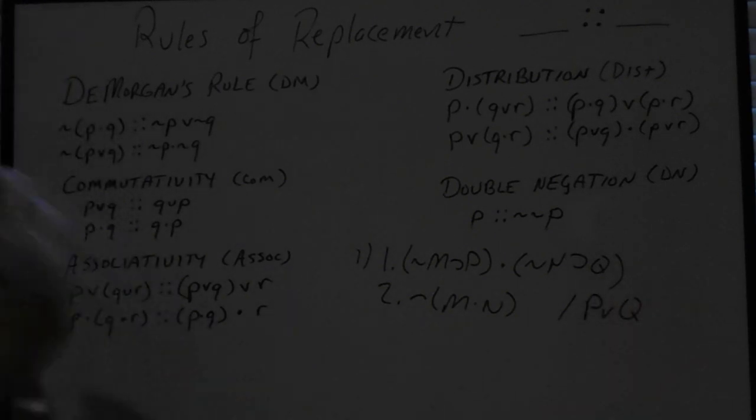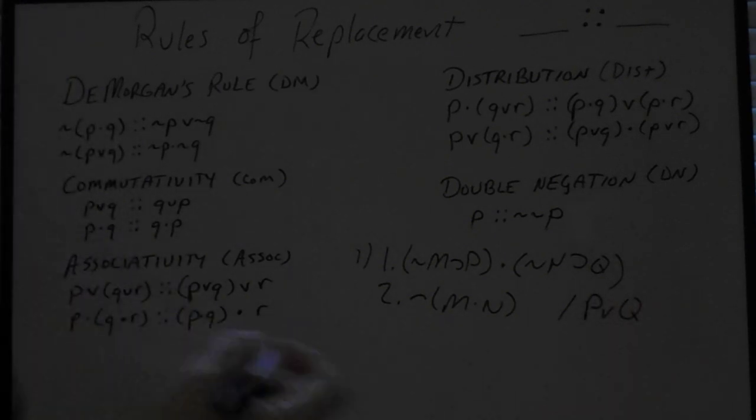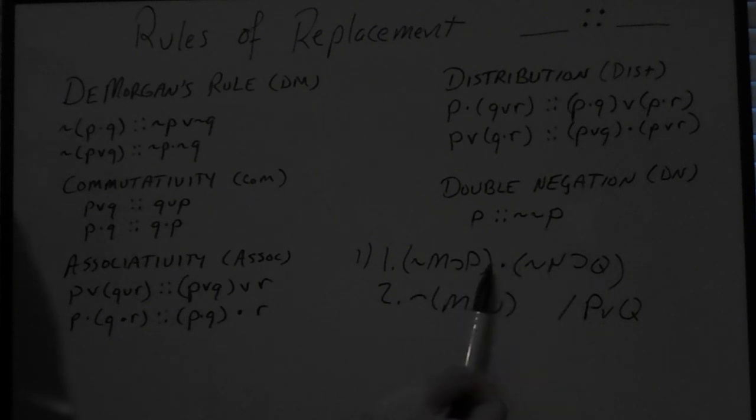Okay. So looking at this one, what I notice is that here there are two conditional statements joined by a dot. And the conclusion I want to reach is the two consequents joined by a wedge. Well, that looks like a good setup for a constructive dilemma. The problem is that for a constructive dilemma, I need the not M or not N, right? The two antecedents joined by the wedge. I don't have that.